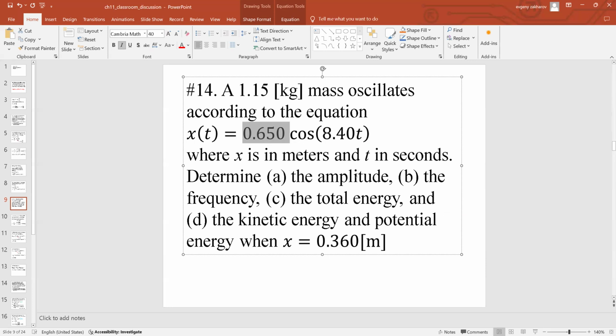You were tortured for a reason. The coefficient in front, sine or cosine, is a vertical transformation, which is what we call the amplitude. So amplitude is 0.650, and don't forget to add meters because your x and y axis is in meters.